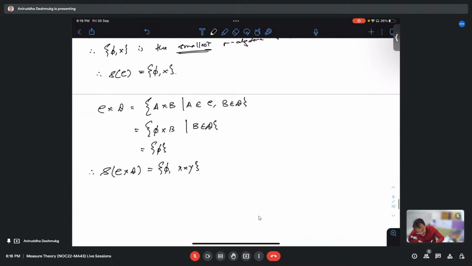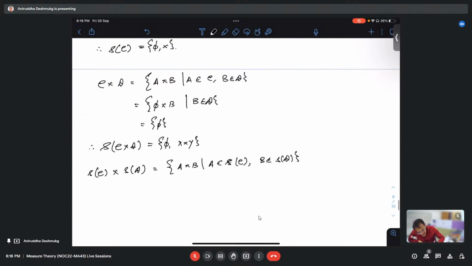On the other hand, consider S of C cross S of D. So this is not the sigma algebra generated by S of C cross S of D. It is the Cartesian product of S of C and S of D. So this is again A cross B, such that A varies in S of C and B varies in S of D. But since D itself is a sigma algebra, S of D is D itself.